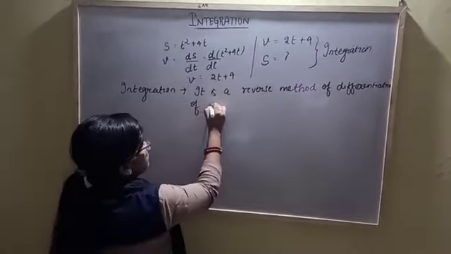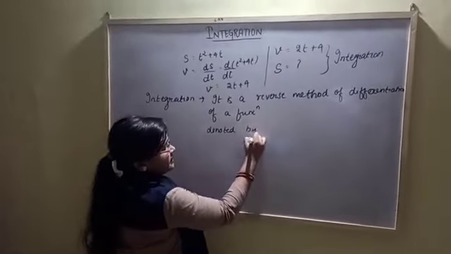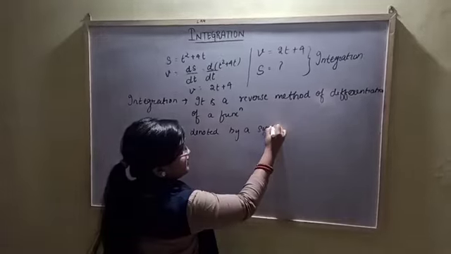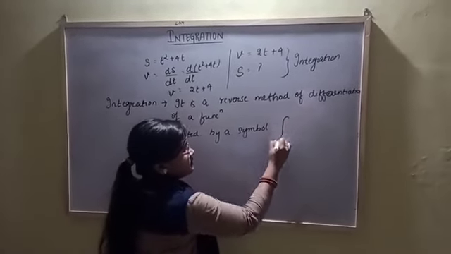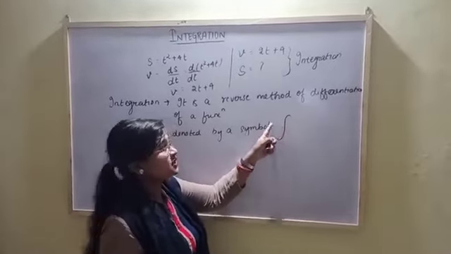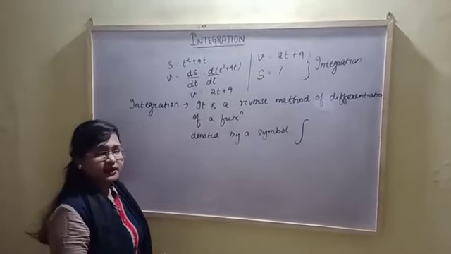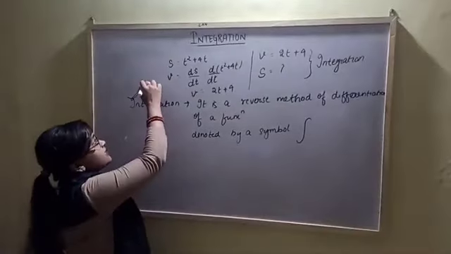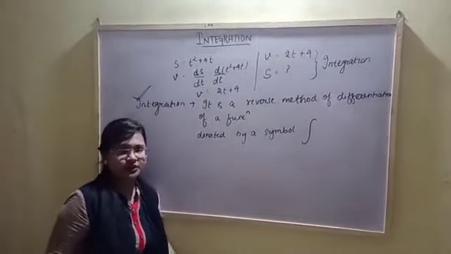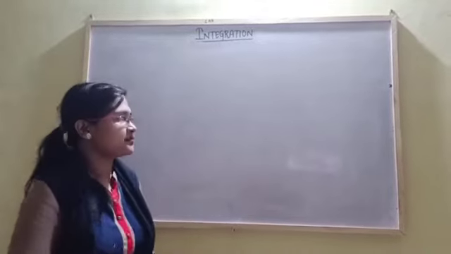And it is denoted by a symbol like this. Okay? This is the symbol of integration and it is the reverse method of differentiation. Clear? Now we will see what is the use of integration. Okay, now let's see what is the use of integration.